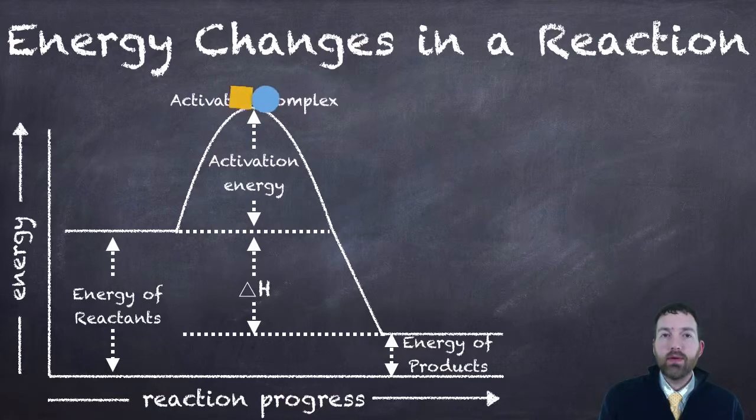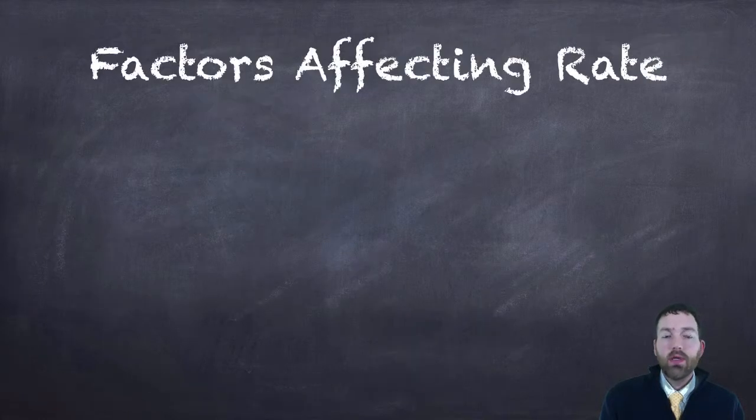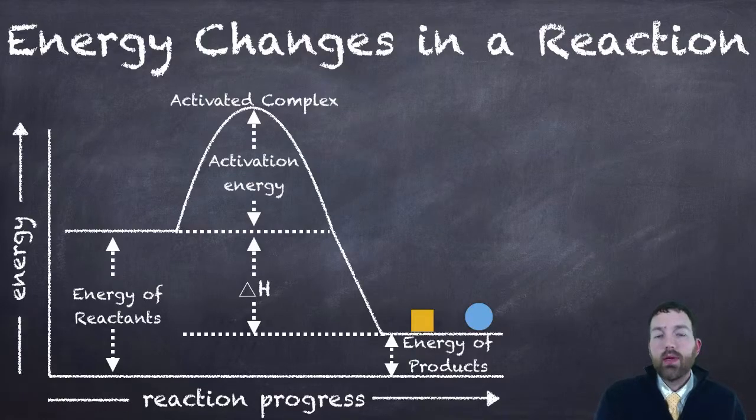The bonds are very unstable, and if they exceed that activation energy just a little bit, they will progress forward in the production of products. So this would be a decomposition reaction where I've produced two separate products from one compound that was once bonded together.